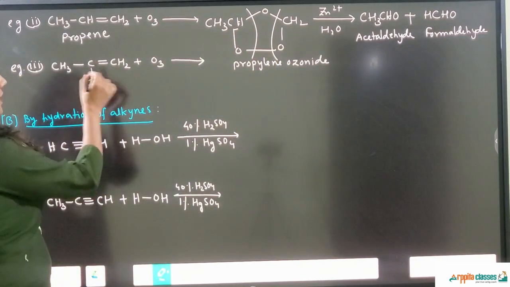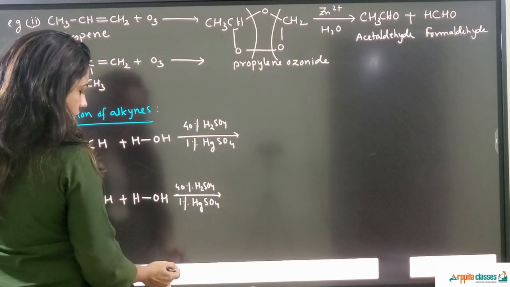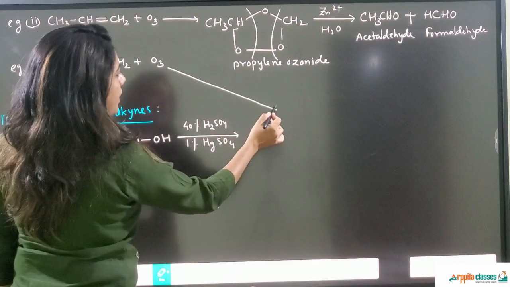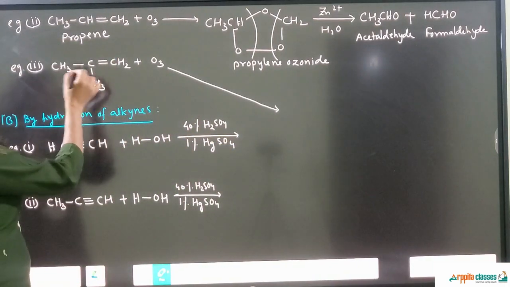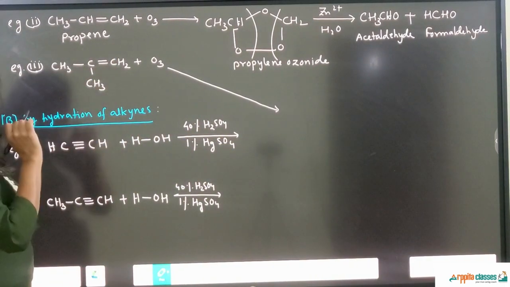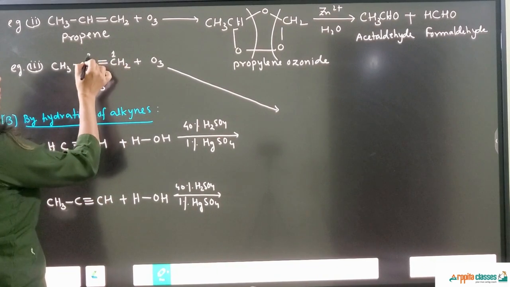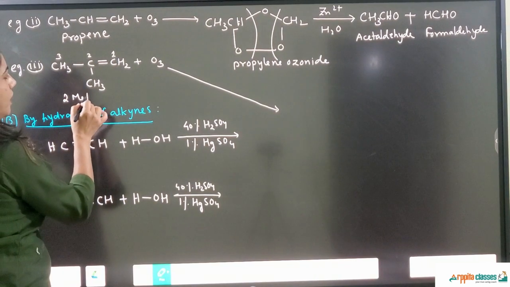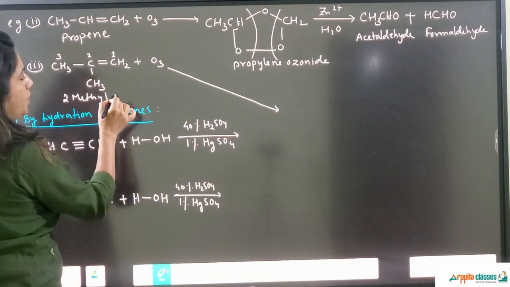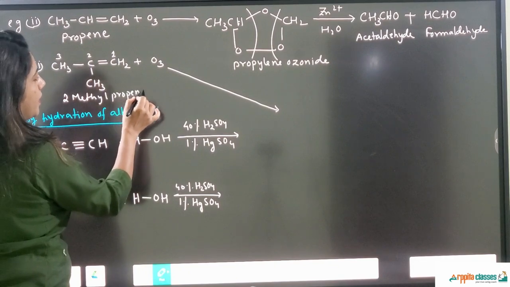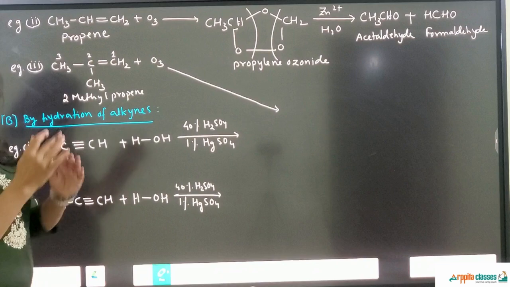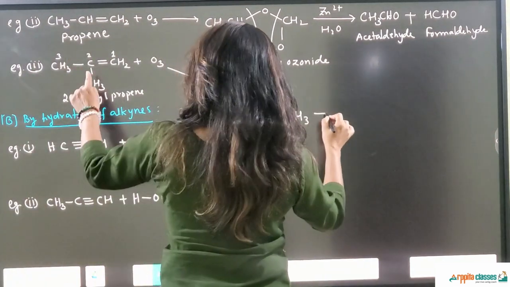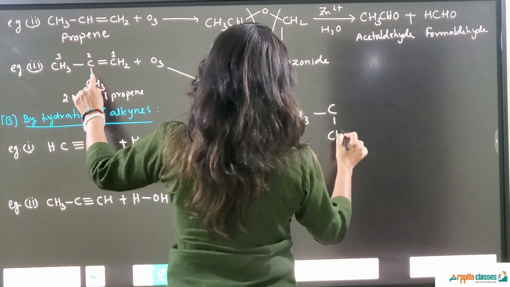Let's see this reaction, I'll show it this side because there is no place. This is a branched propene, numbered 1, 2 and 3. So this is 2-methyl propene. Again the ozone will get added across the double bond. So I'll write the rest of the thing, CH3 and CH3 as it is.